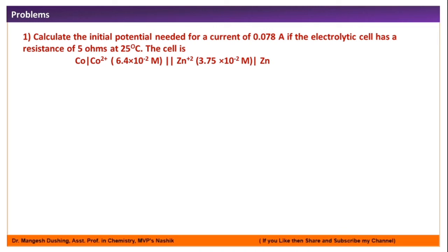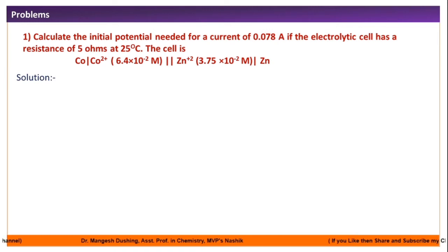The cell given is cobalt, the concentration is around 6.4 × 10^-2 molar, and the anode is Zn2+, the concentration is around 3.75 × 10^-3 molar.